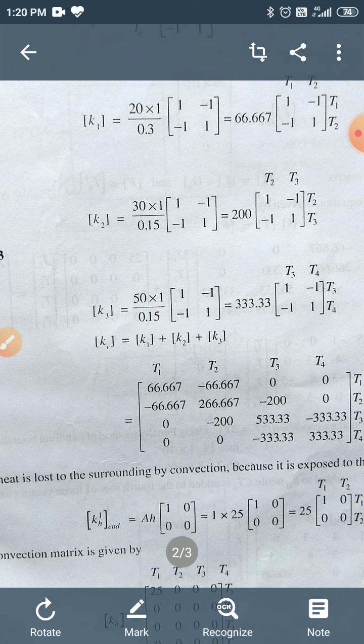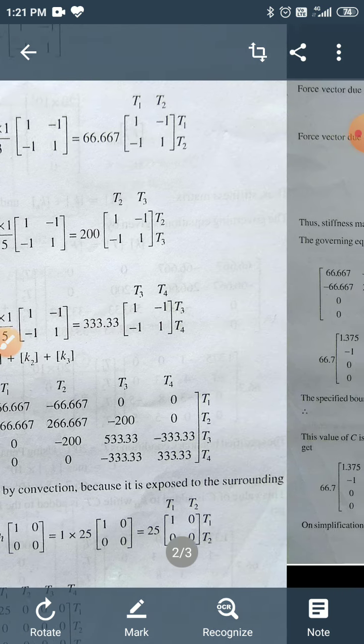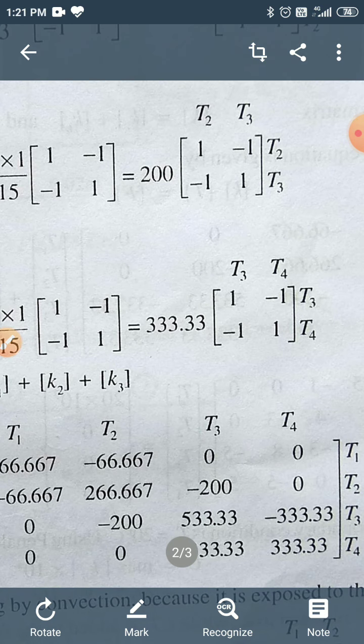After simplification we get the stiffness matrix as 200 times the matrix 1 minus 1 minus 1 1. This element is connected between node 2 and node 3, that is why we take T2 and T3.